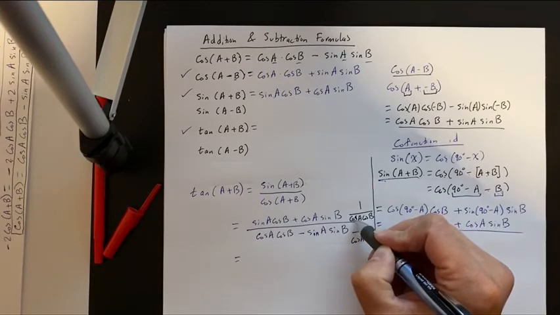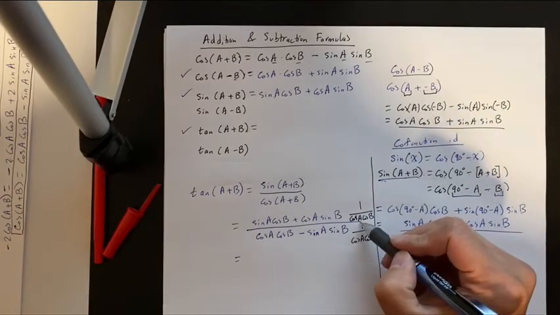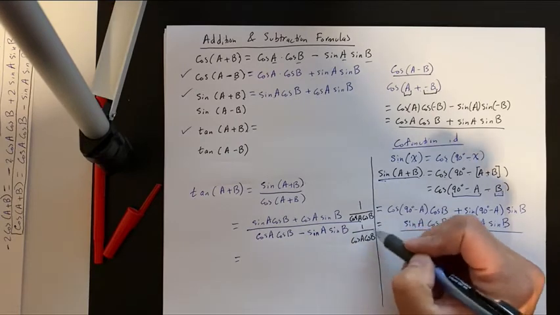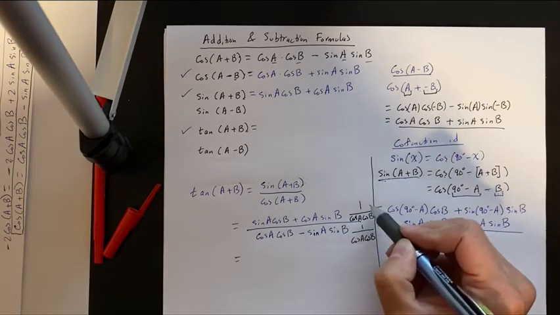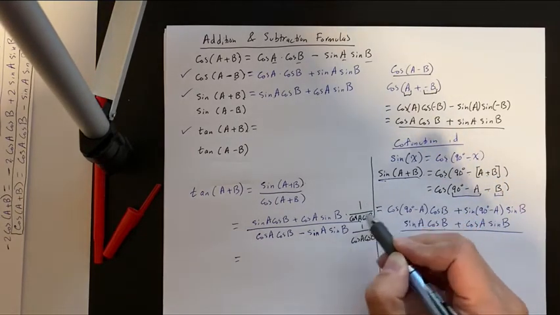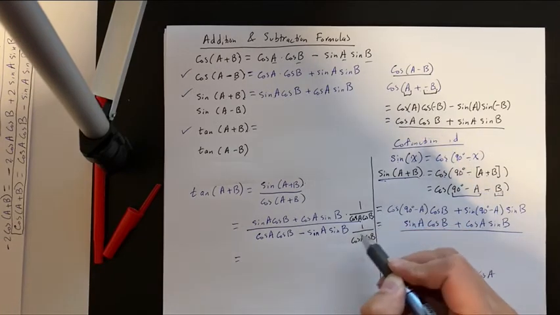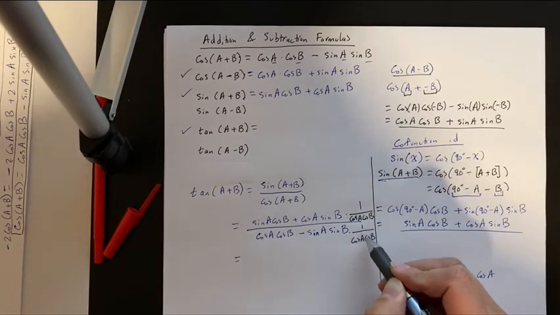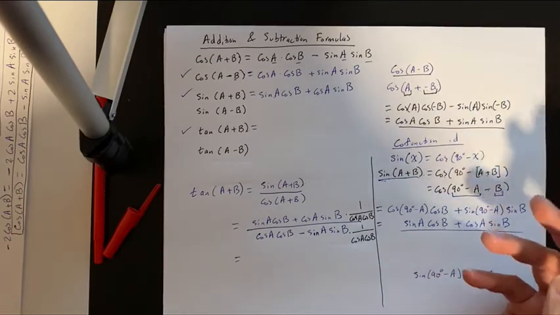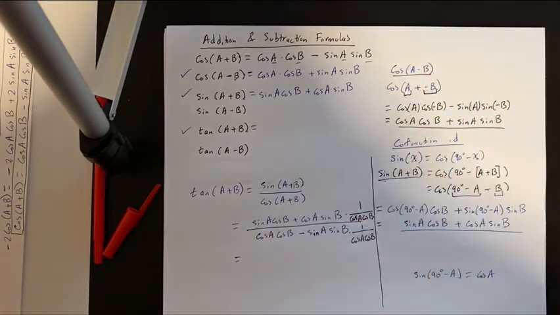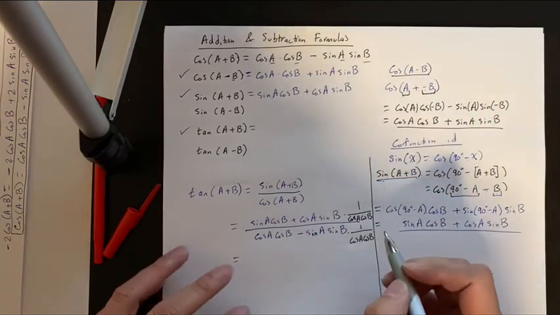No good reason in particular, but you can do it because you're doing the same thing on top with the bottom, right? So if I multiply the top by 1 over cosine A, cosine B, then I am multiplying the bottom by 1 over cosine A, cosine B. And this is just balancing out the fraction, so you can go ahead and do that.